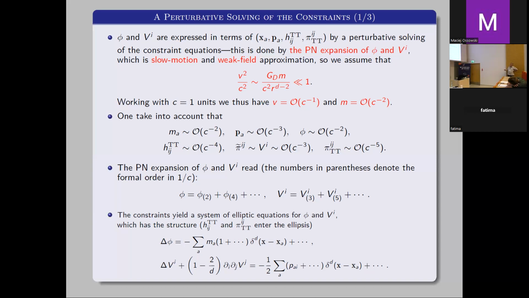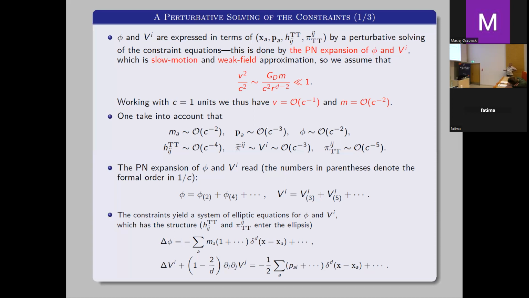M, linear momentum: this is mass times velocity, so c^-1 times c^-2. This is why we have c^-3. Phi starts at c^-2. h^TT is c^-4, and so on.